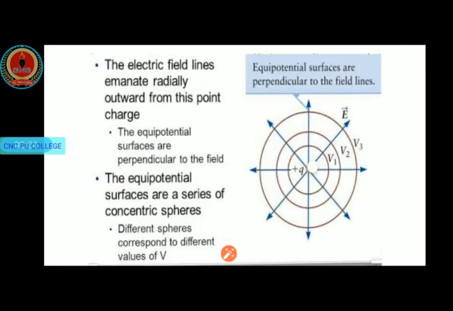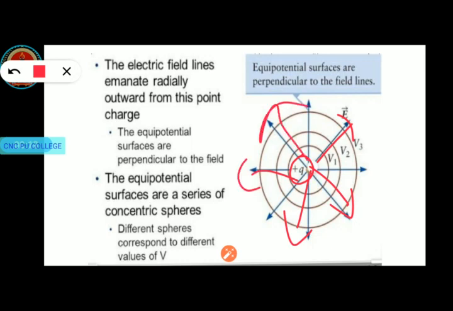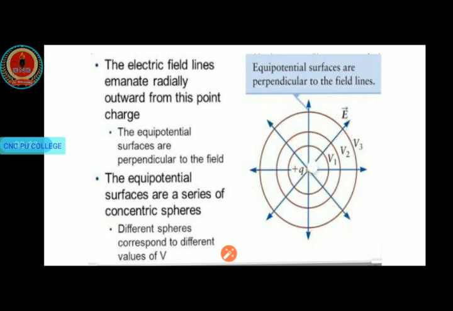Here we are observing a point charge that is positively charged. Because of the positive polarity, it will produce the electric field radially outwards in all directions, represented by those lines. That source charge has its influence in all directions.